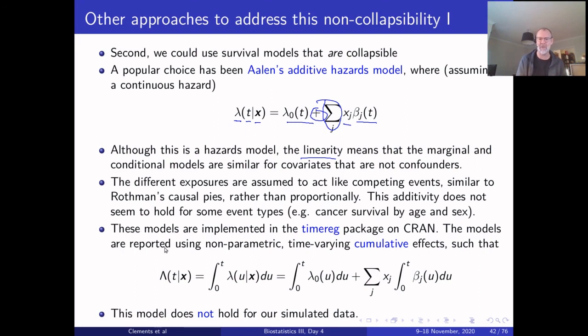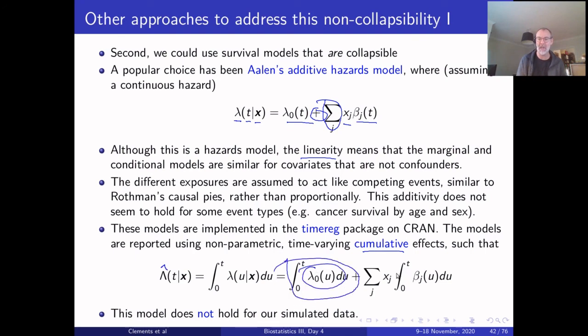What's interesting is that when we actually fit these models, they're reported using non-parametric time-varying cumulative effects. So you have to, in some sense, differentiate in your mind. What we actually get out are estimates of the cumulative hazard, which is expressed as the cumulative baseline.